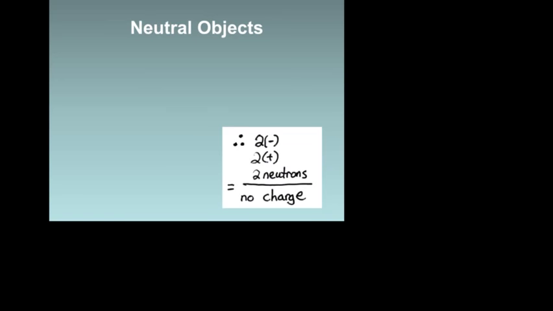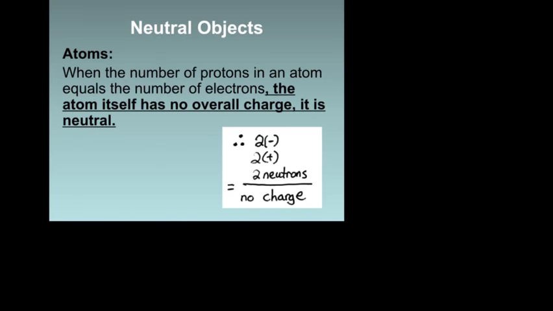So when we have a neutral object, what that means is that the number of protons and the number of electrons in the atom are the same.